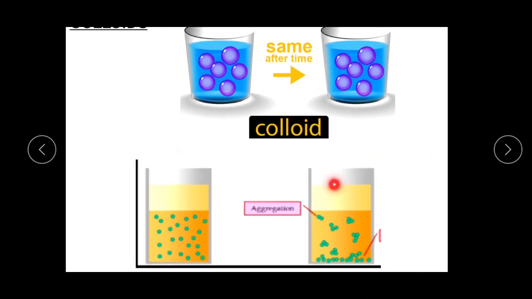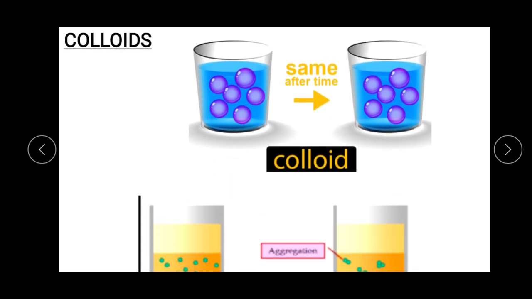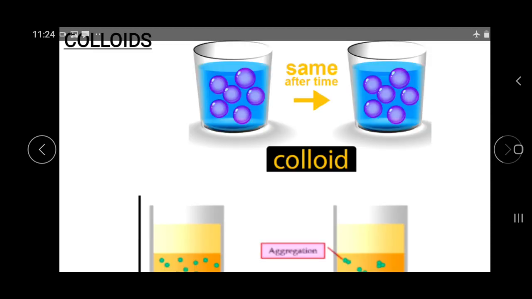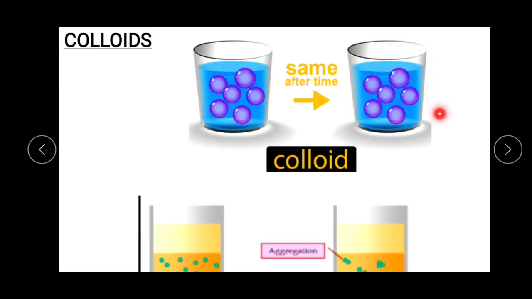But before we move into the methods of preparation of colloids, we need to keep one thing in mind, that is, if we keep a colloid for a long time, the particles will never settle. The particles remain scattered.